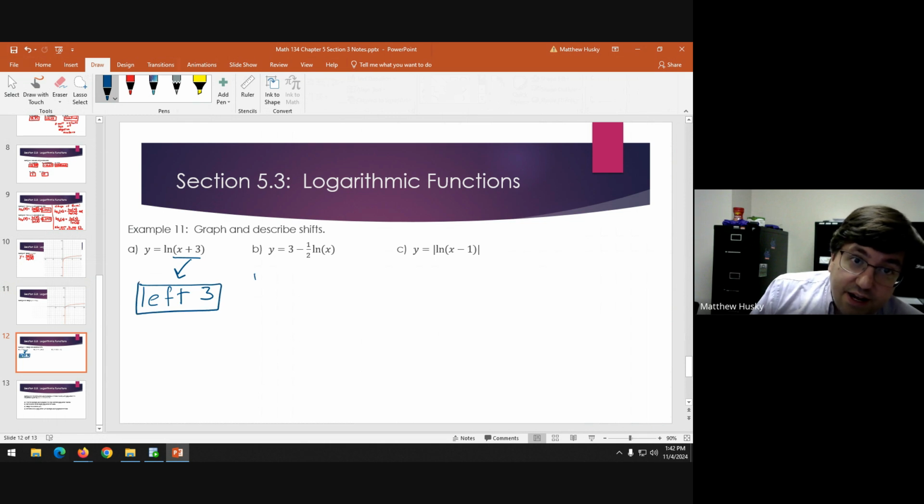For part B, I'm going to write this as -1/2 ln of x, and then I'm going to put +3 on the end. What this is going to do: the negative will flip vertically.